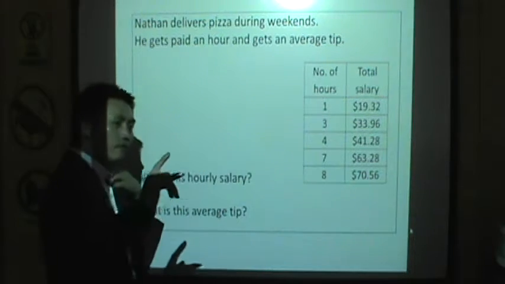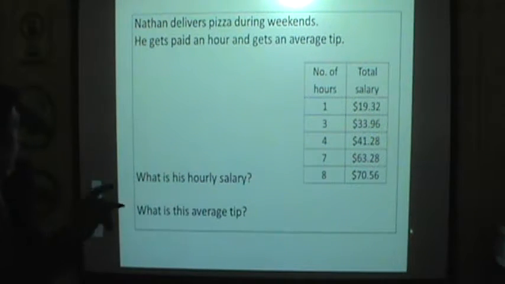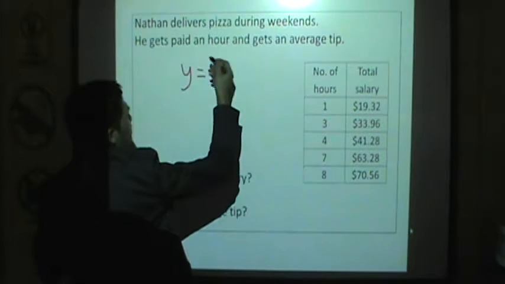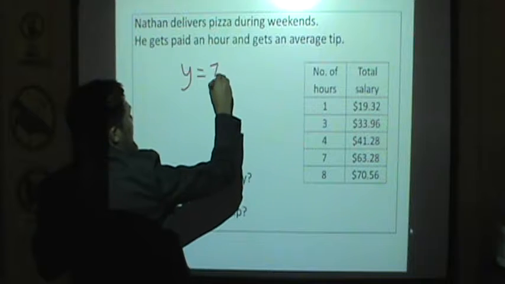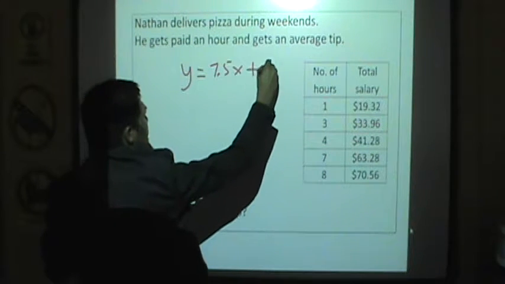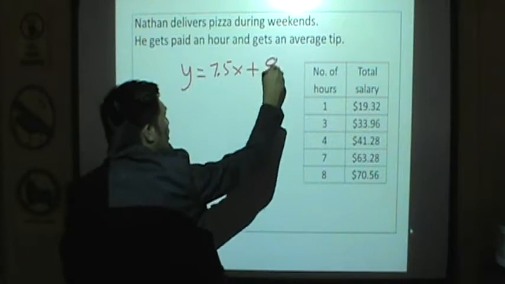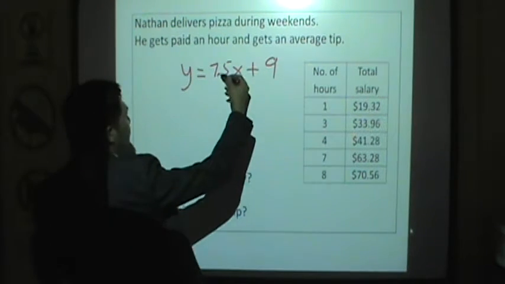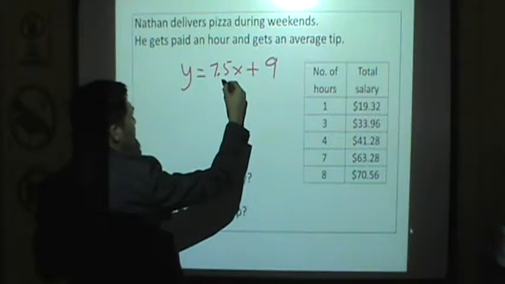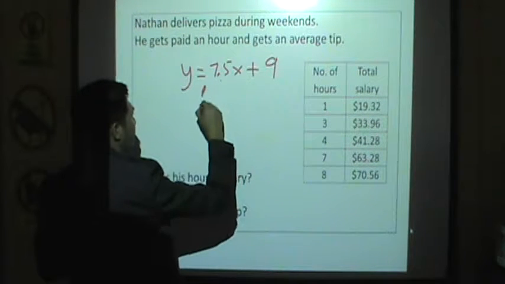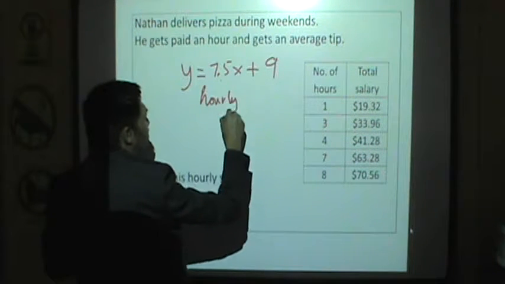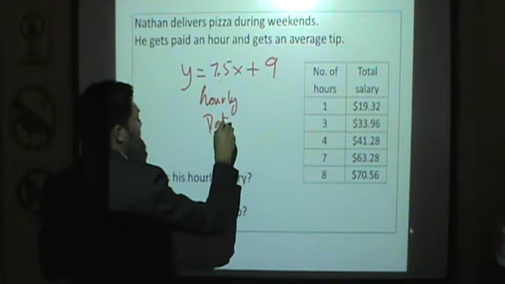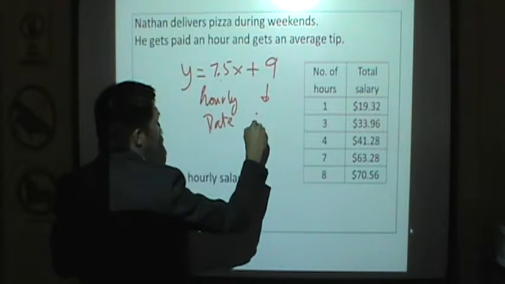Now, from our equation before, we agreed that if you have y equals, let's say, 7.50x, that $7.50 is going to be the hourly rate or hourly salary, and the other number is going to be sort of like the tip.